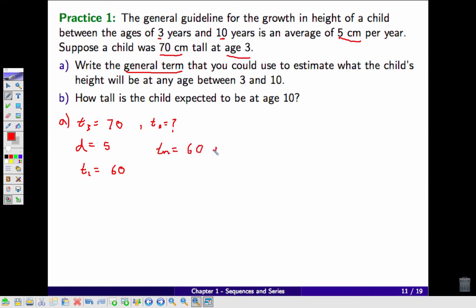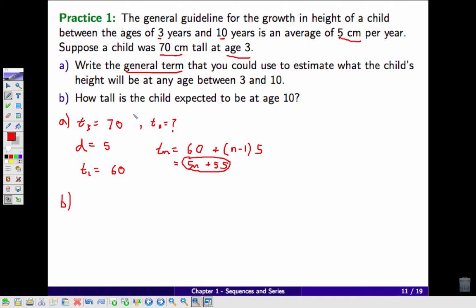Therefore, Tn will simply be 60, that's T1, plus n minus 1 times 5. And that will come out to be 5n plus 55. Okay, there we go.